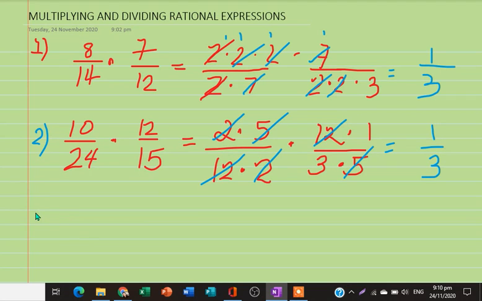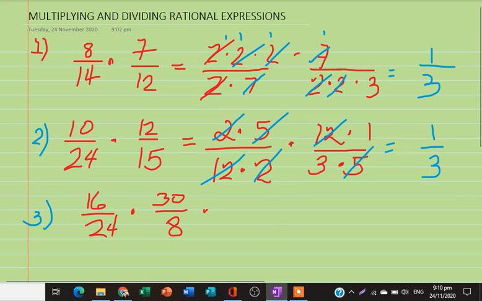So, another example. If we have 16 over 24 times 30 over 8. Okay? Or if you don't want to factor, just get the common factor, the GCF.